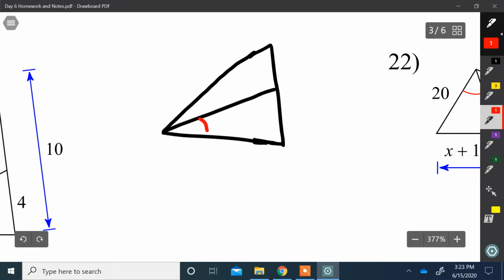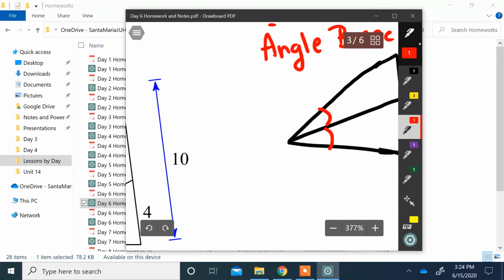Whenever you have this angle, it's congruent to this angle, that's called a bisector. So whenever you have an angle bisector, just as you see in it there, it's called the angle bisector theorem. Angle bisector theorem. Let me write it down in case you want to look for it, in case you don't believe me.